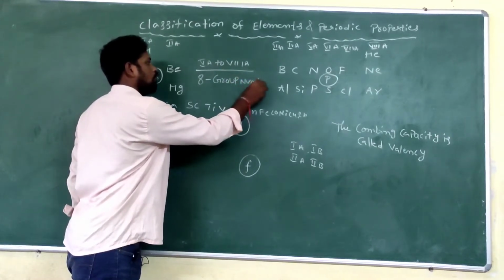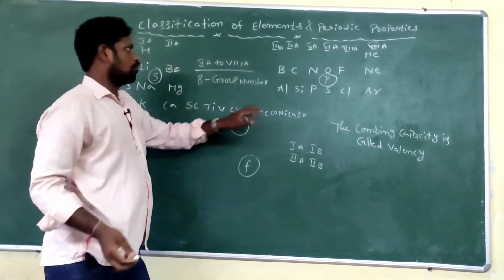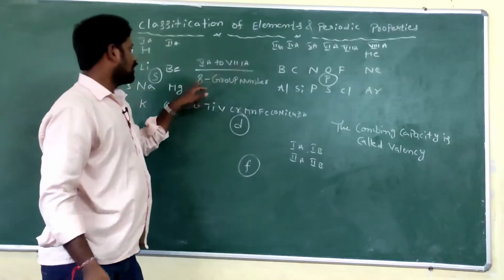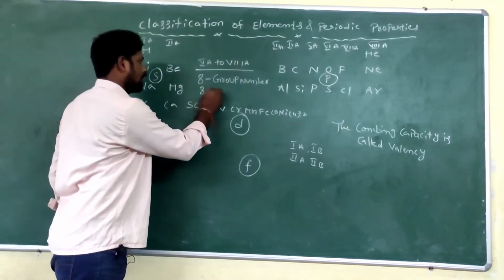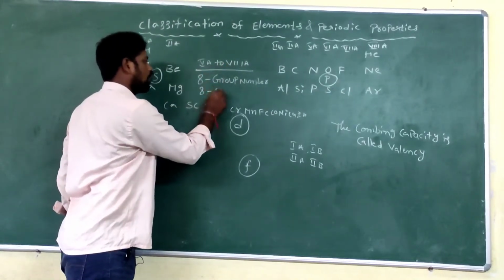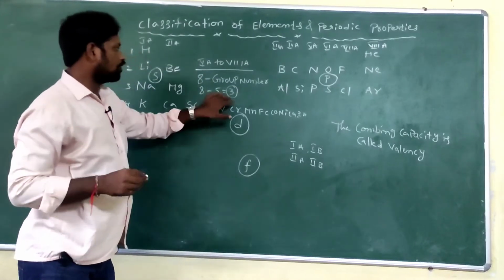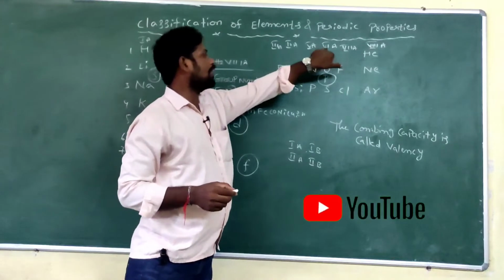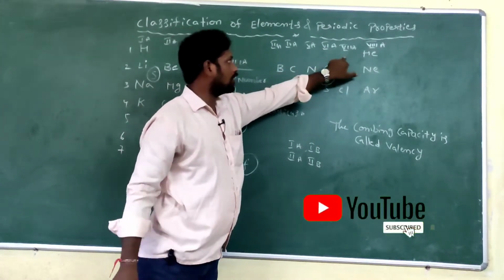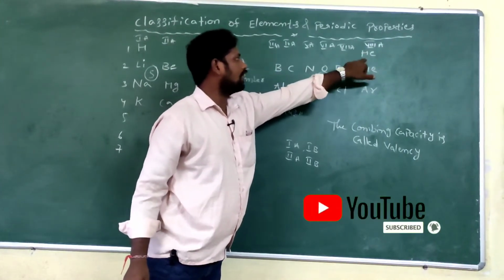For example, for the 5A group you take 8 minus 5, which gives valency 3. Next, 8 minus 6 is 2, 8 minus 7 is 1, and 8 minus 8 is 0.